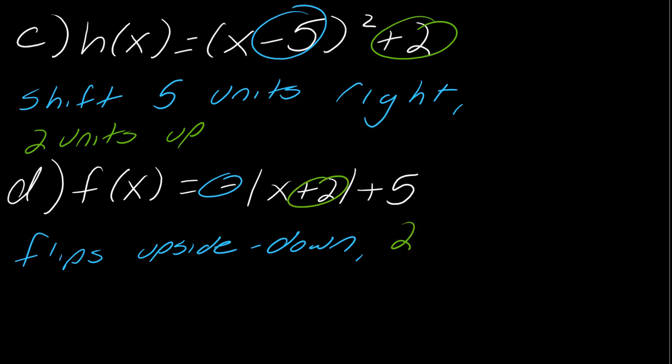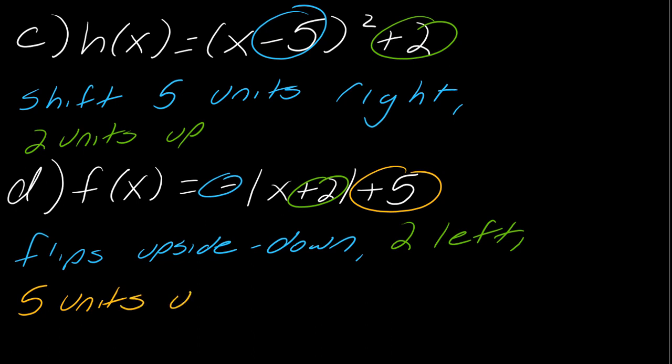This means that we're going to move 2 units to the left and then 5 units up. Okay, so now that we've discussed that, I'm going to use the word flips. Sometimes I say the word reflects. I kind of go back and forth between the two.